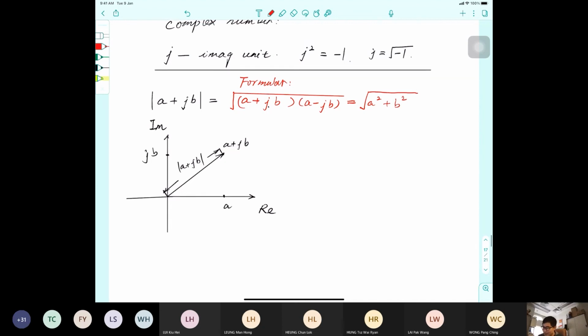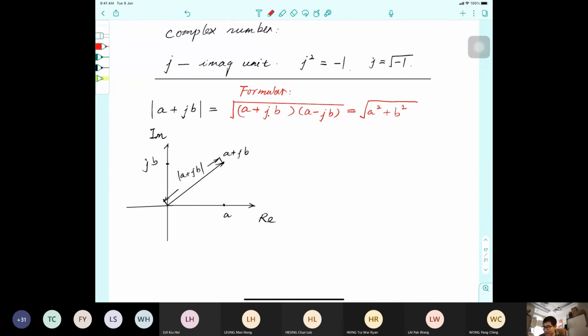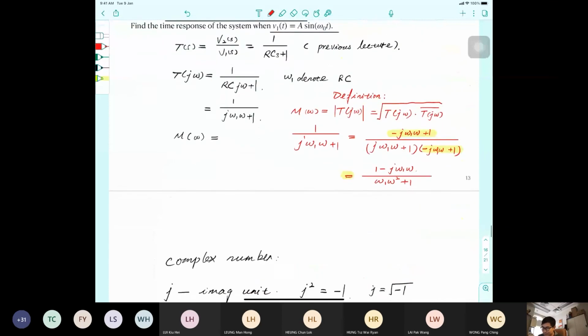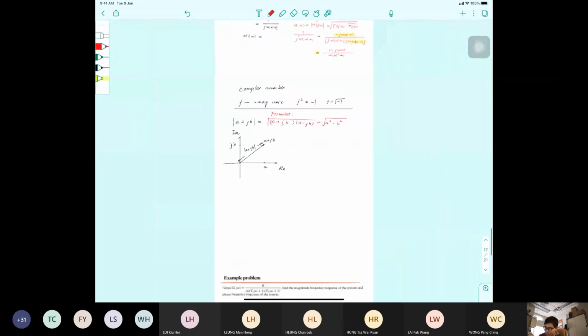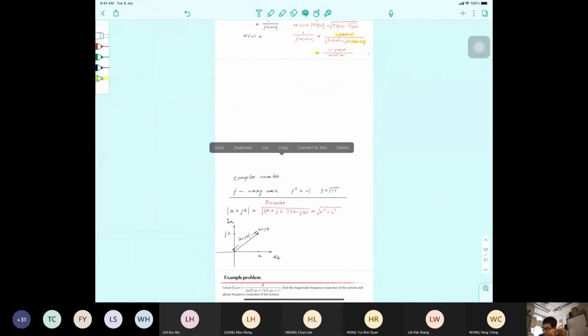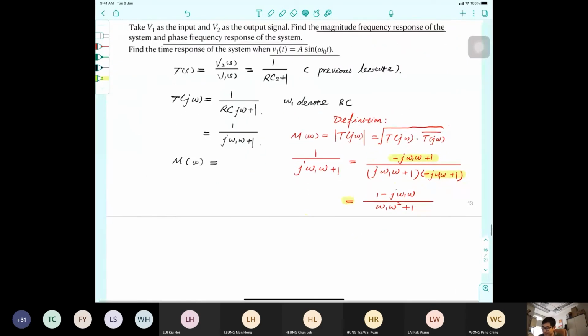Right? This is the absolute value of a plus jb. This is the revision, and here we come back.